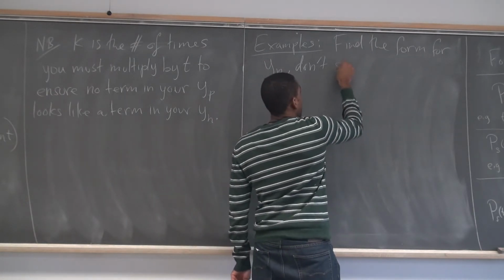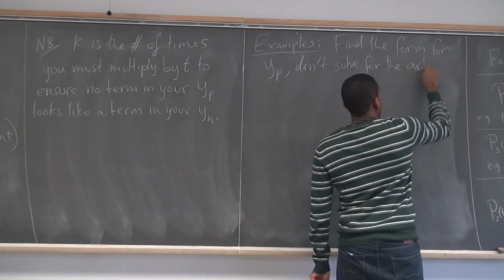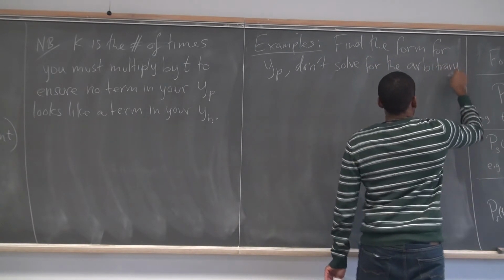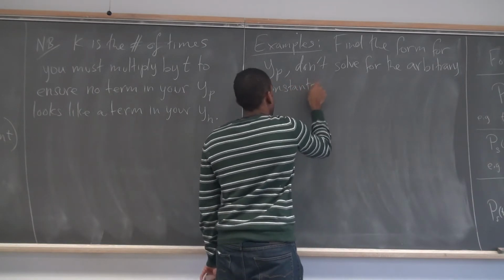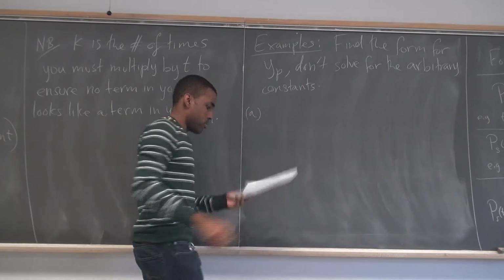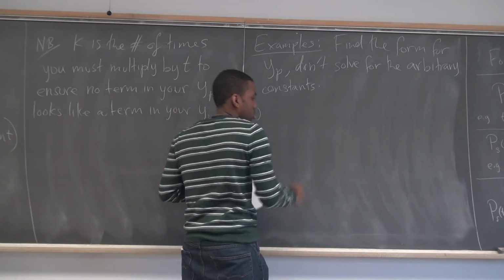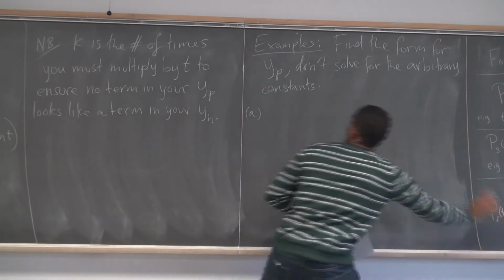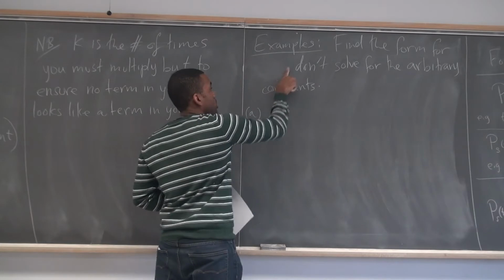Don't solve arbitrary constants. Here's the first one. Not find the form for yp. Find the form for, let's do it a little bigger, the general solution.